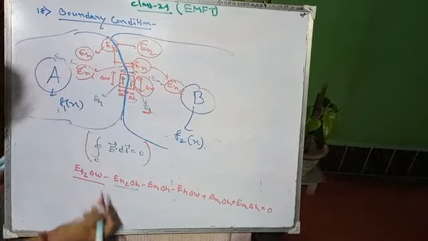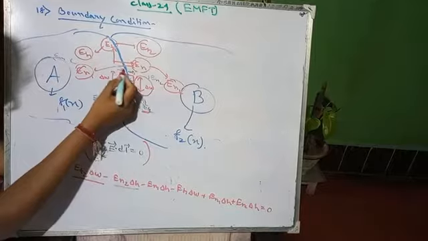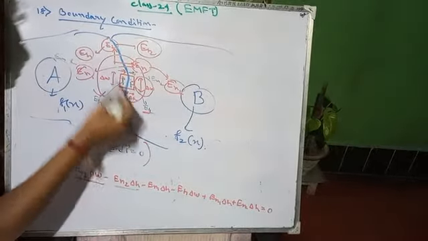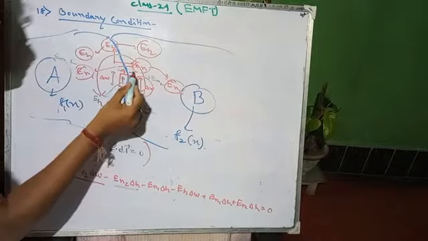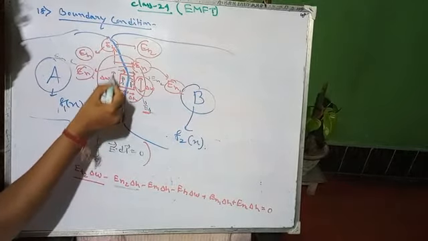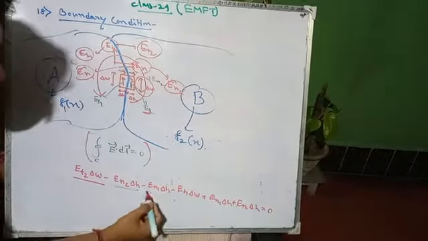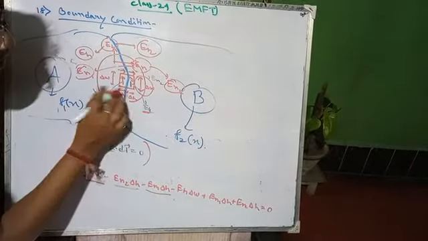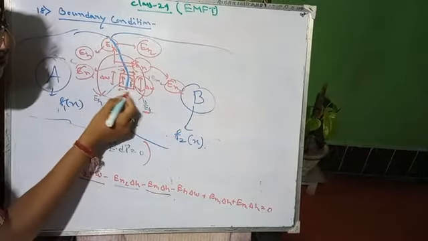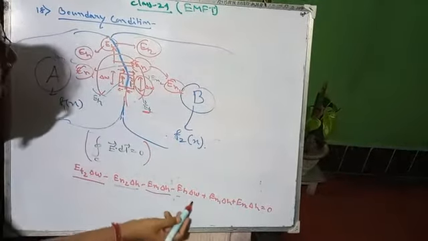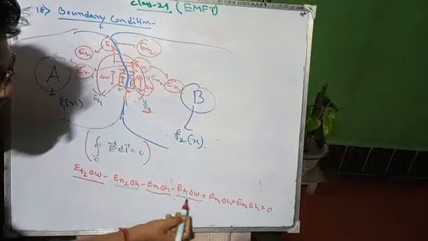Then again, if we go around the contour this way, it will become positive, negative, negative, and again negative because we are taking the direction upward. So here it will be in this direction, so it will be negative Et1 into del w.